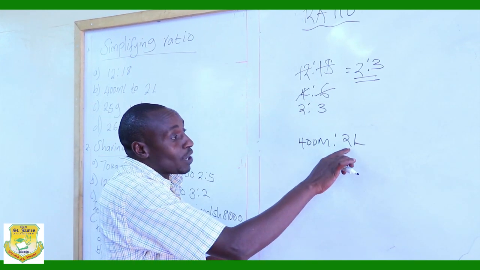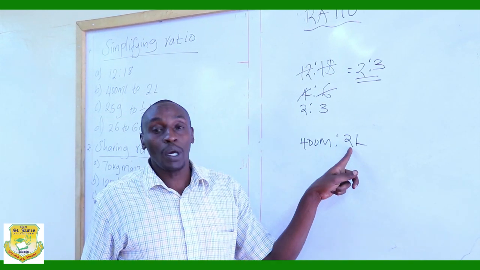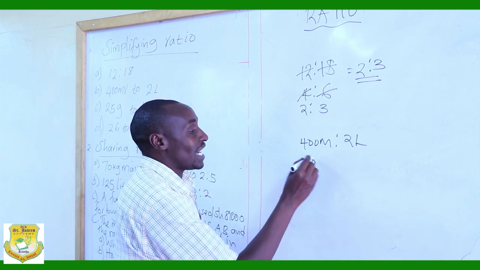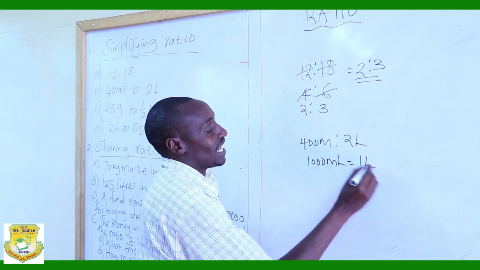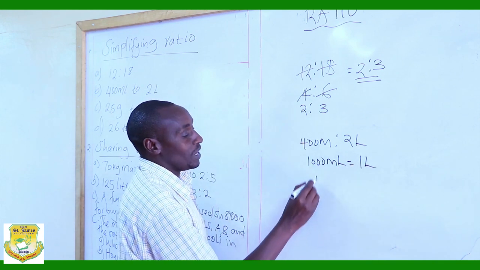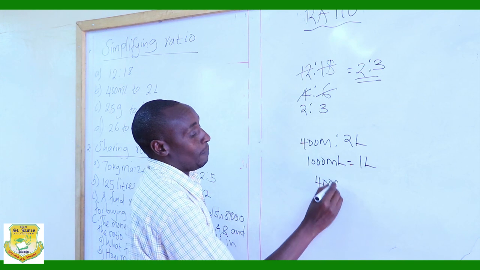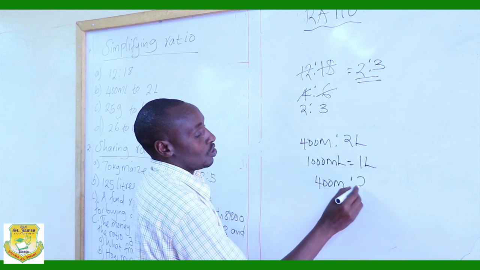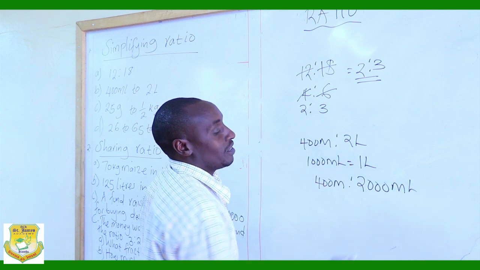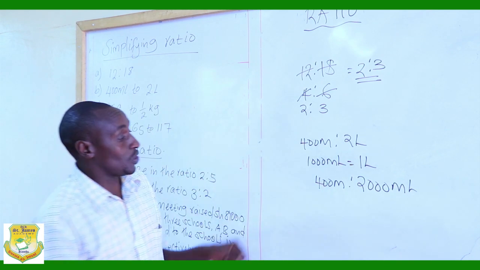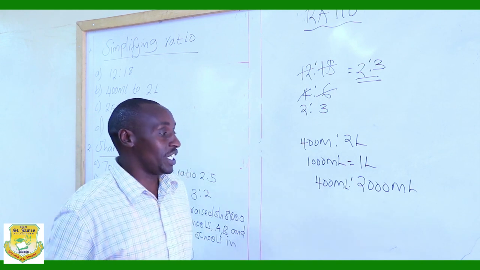So for us, we are going to change liters into ml. We know 1,000 ml is equivalent to 1 liter. So my sum will be 400 ml is to 2,000 ml.